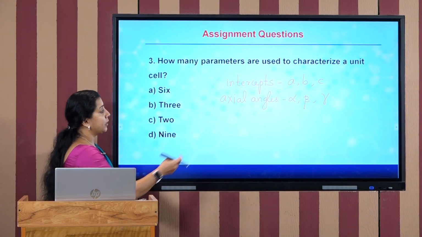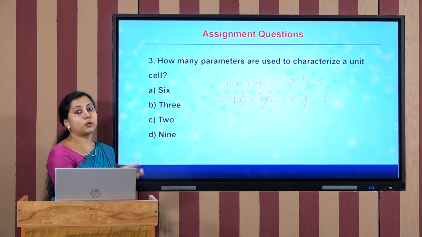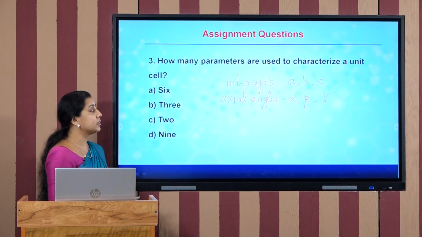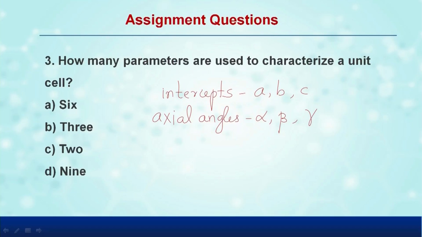So, in total you have 6 parameters including the 3 intercepts and 3 angles. So, the correct option is option A, 6 parameters are used to characterize a unit cell.